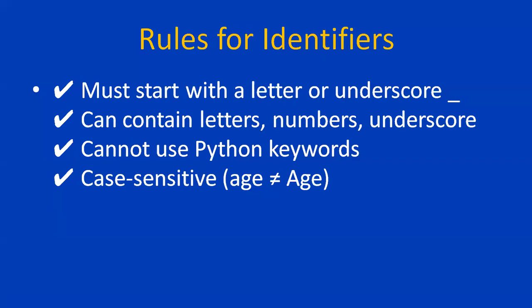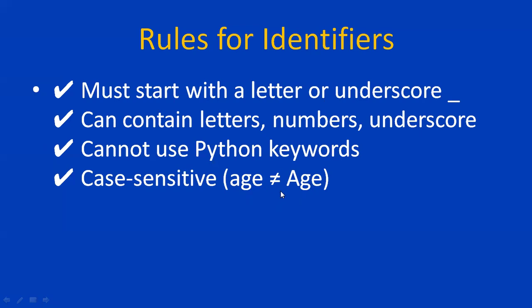But one thing you should remember is that Python keywords cannot be used as identifiers. We have already seen the table of keywords. Those keywords cannot be used as Python identifiers.